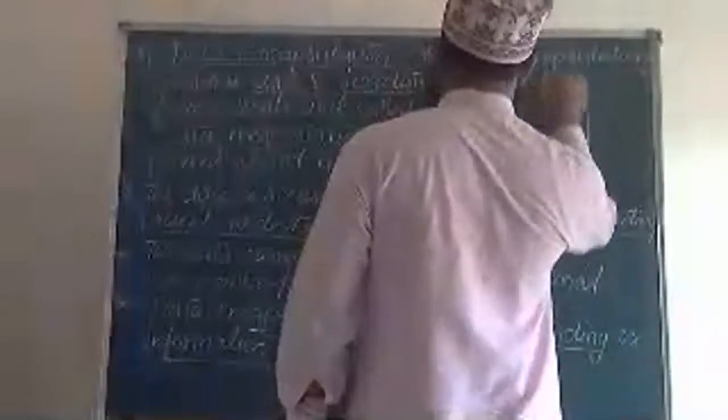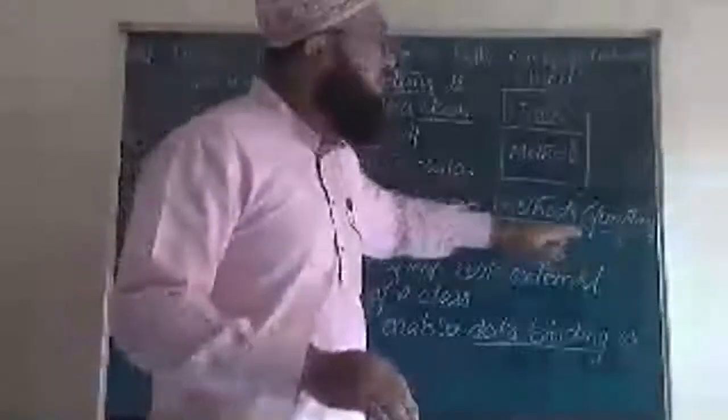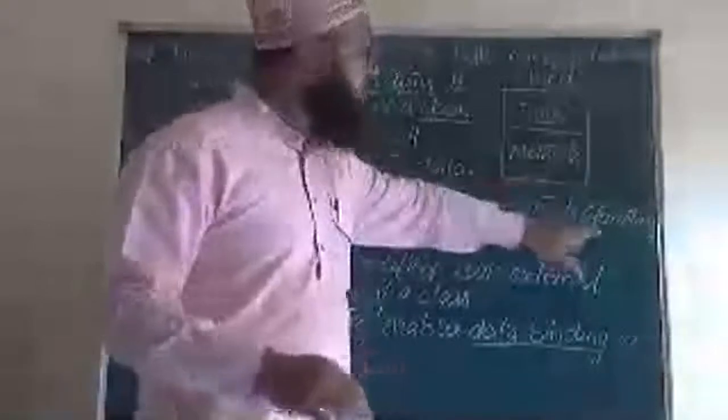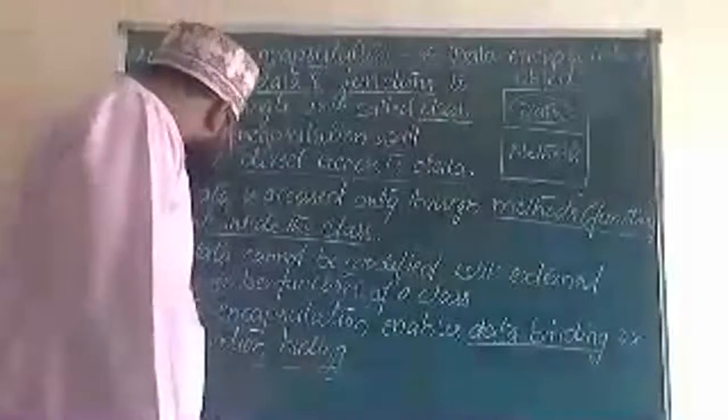This can be called an object. This can be called data encapsulation. It gives access to the data only with the help of methods. Methods means functions. Data means data members. Methods means member functions. Hope you have understood regarding data encapsulation.